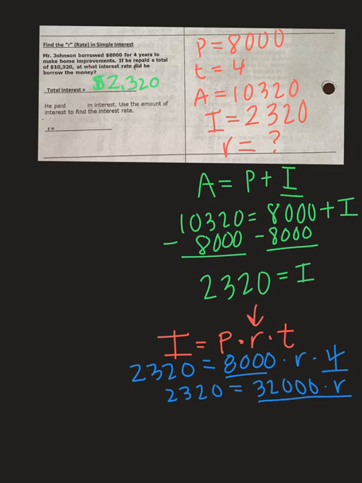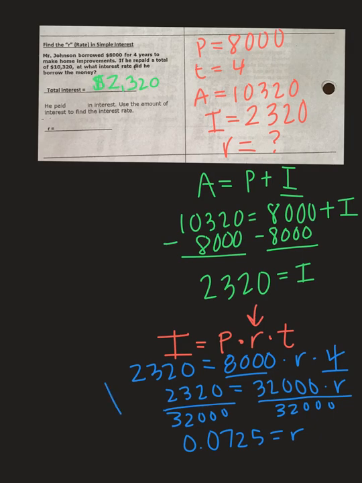And then we'll divide to get our variable by itself. Now, when you do that, you're going to get a number that looks like 0.0725 equals R. Remember in the beginning we said in these equations we have to work with rate as a decimal.